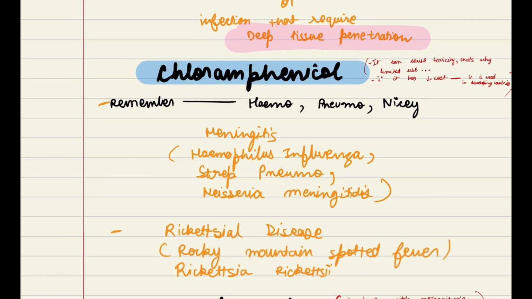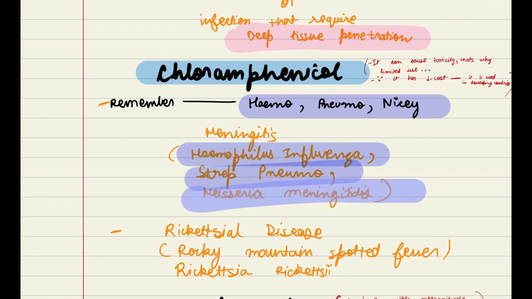What we have to remember is some rhyming: Hemopneumoniae, look at it, Hemopneumoniae for chloramphenicol. What does it represent? Haemophilus influenzae, Strep pneumoniae, and Neisseria meningitidis, under the category of meningitis, inflammation of the meninges. Now the other is rickettsial disease.